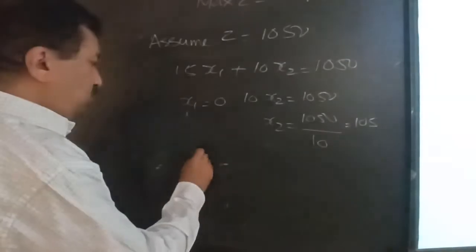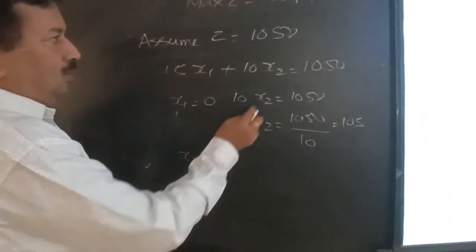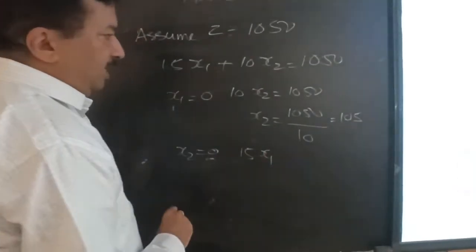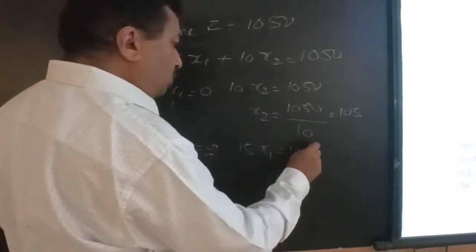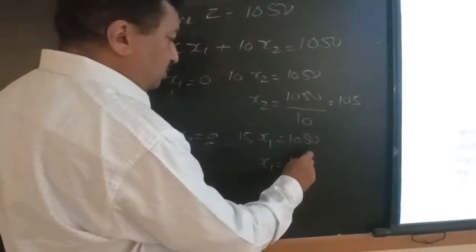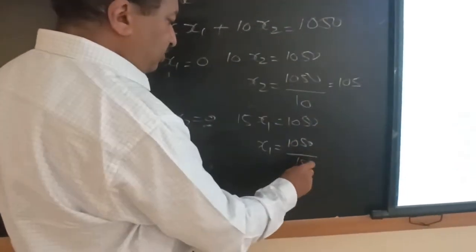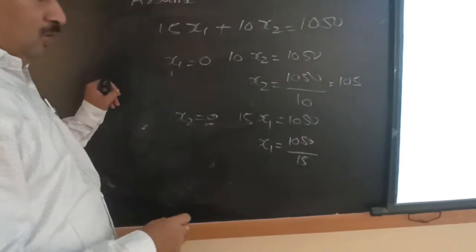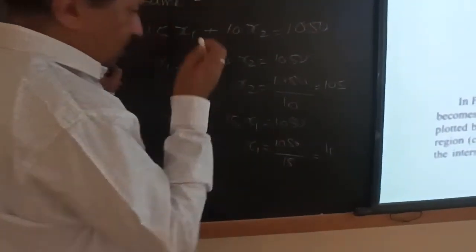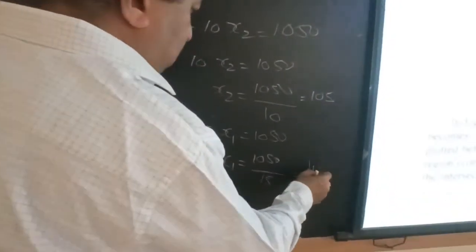Similarly, put x2 equal to 0. This becomes 15x1 equal to 1050. Therefore, x1 is equal to 1050 by 15.